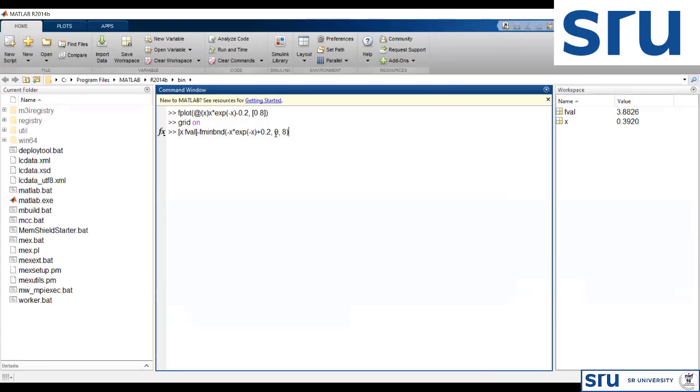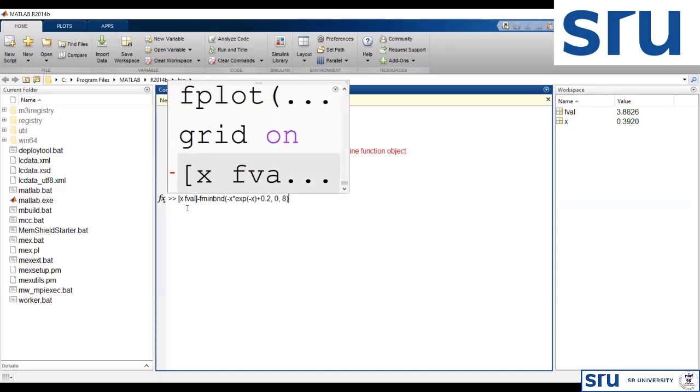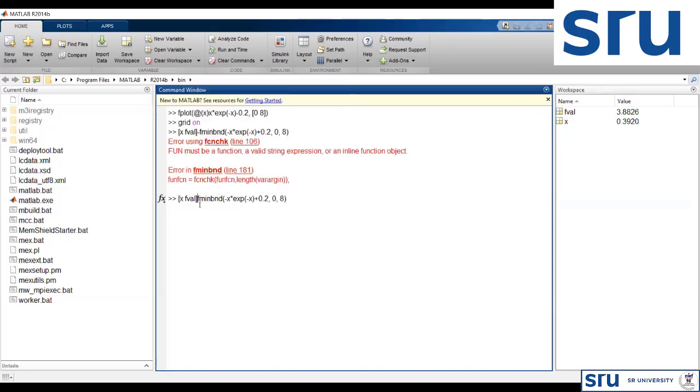Is there any error? You tell me. No error, so I will hit enter. Here the x, sir, equal to sign was missing. Yes, sir.